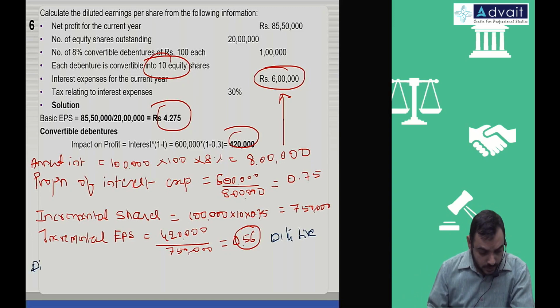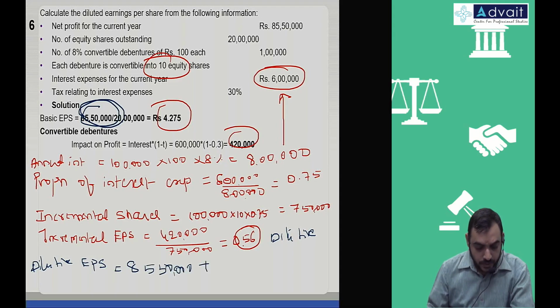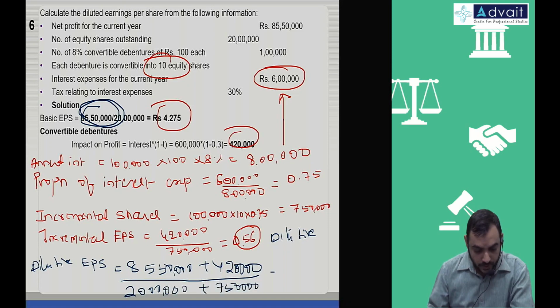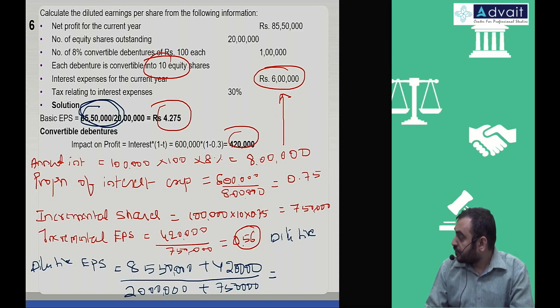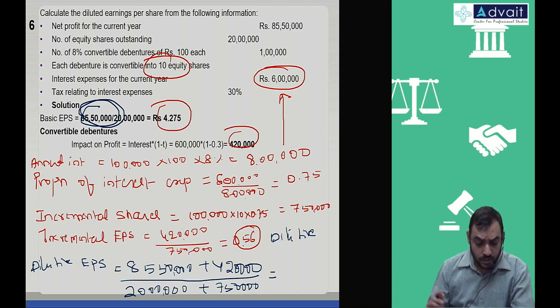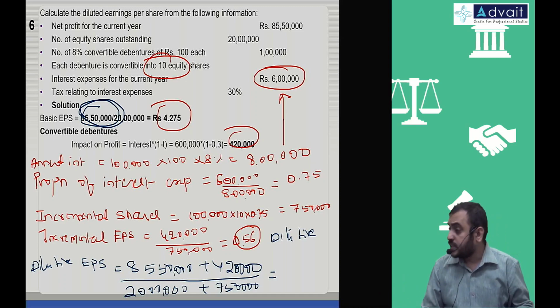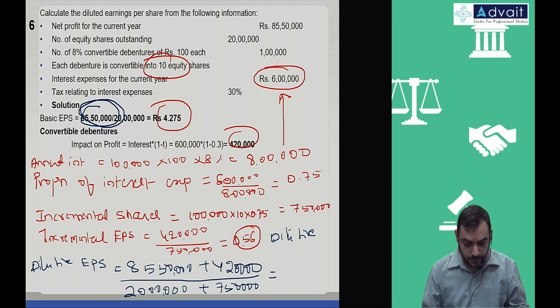So dilutive EPS equals the existing profit, 85,50,000, plus incremental profit 4,20,000, divided by existing number of shares 20 lakhs plus new number of shares 7,50,000. And that is 3.26 dilutive EPS.